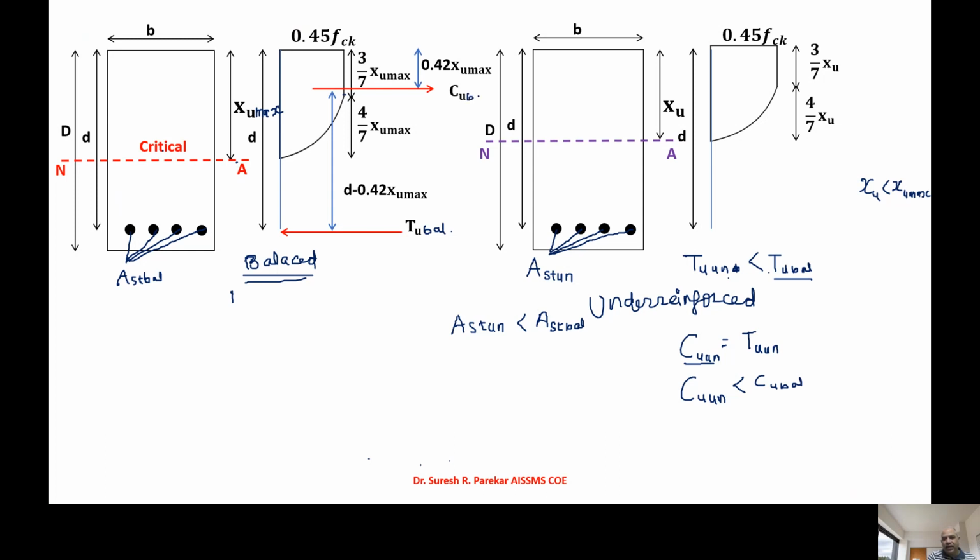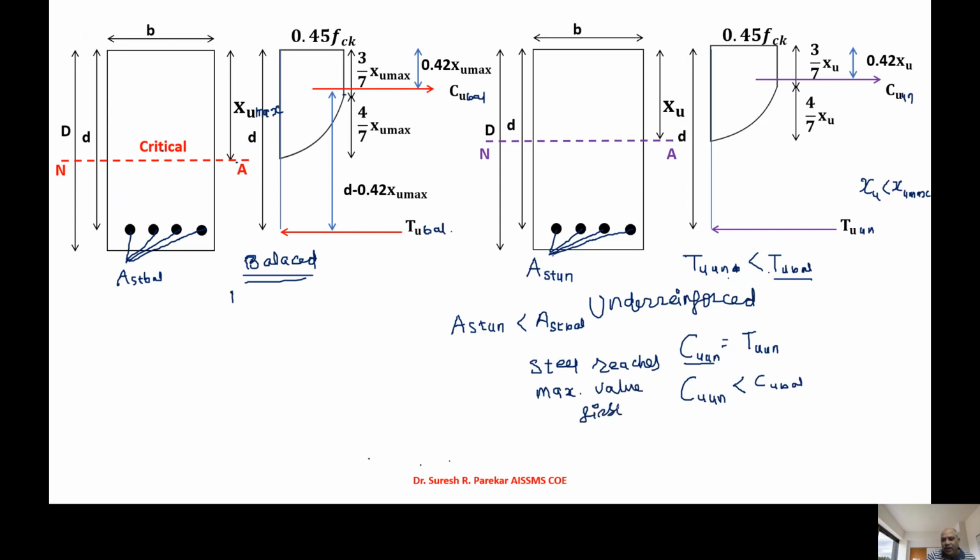So this I can write as balanced, and then we have CU under reinforced, TU under reinforced, and the value of Mu. Now in this, as the steel provided is less than balanced, steel reaches its maximum value first.